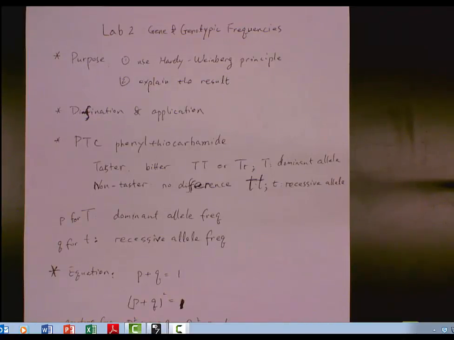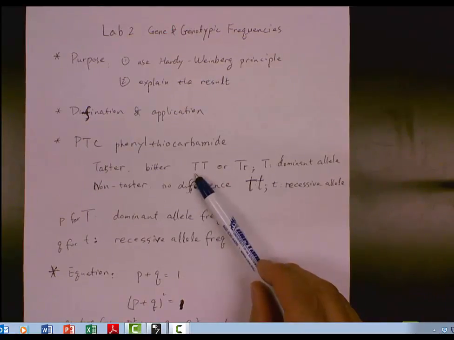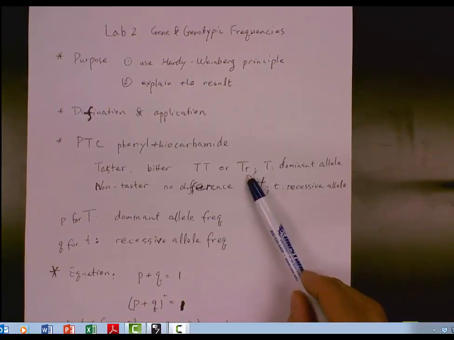The example we'll use is a gene in our body. If this gene is working, then we are able to taste the bitterness of a chemical called phenylthiocarbamide, abbreviated PTC. For people who can taste the bitterness, the genotype, which is the genetic makeup, can be written big T big T, or big T small t.